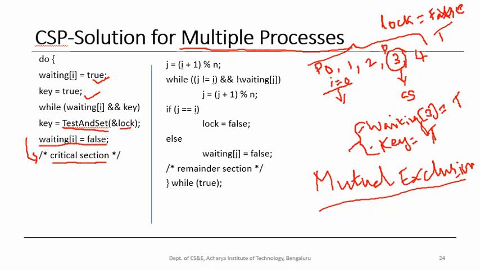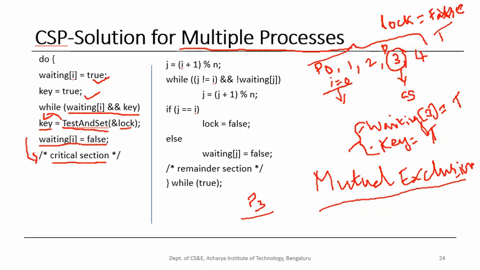So therefore this process P3, after it executes the test and set instruction, gets true as a value for key, and it has made waiting of 3 is equal to true. So therefore these two conditions are true.